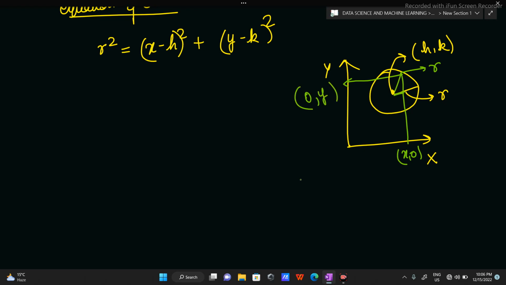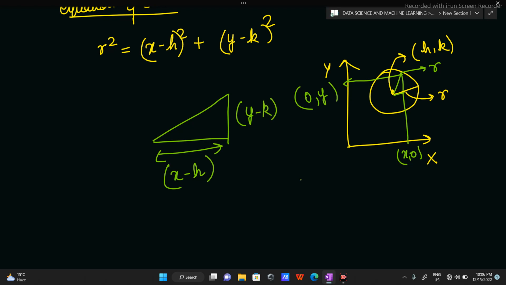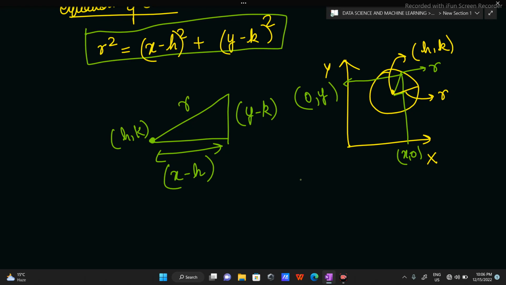So this is actually a right angle triangle. So this region is actually x minus h, and this is y minus k, right? Because this point here was h comma k, which was the center of the circle. So this radius is actually, using the Pythagoras theorem, we are getting this particular thing. Okay, this is a very basic thing.